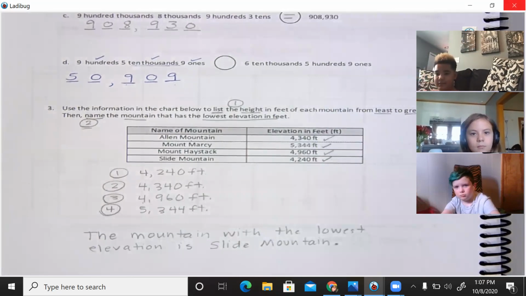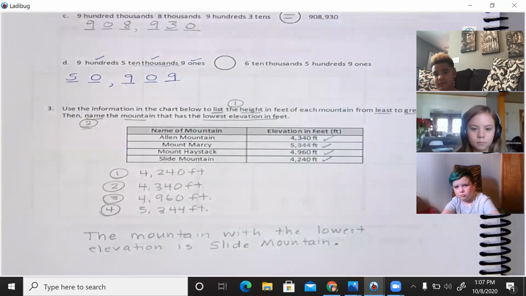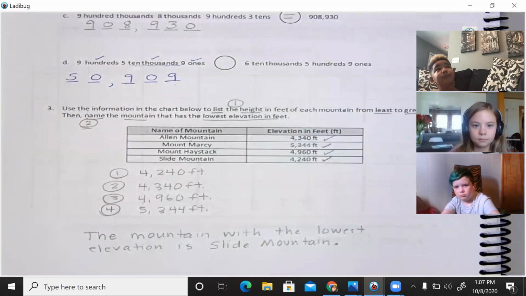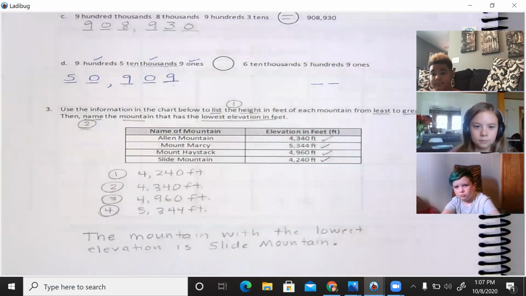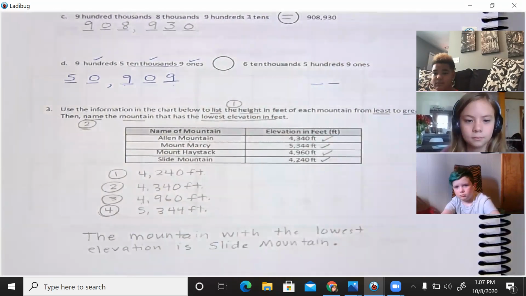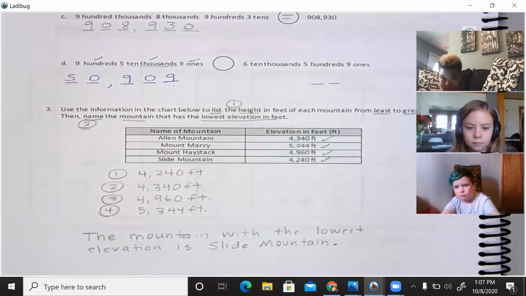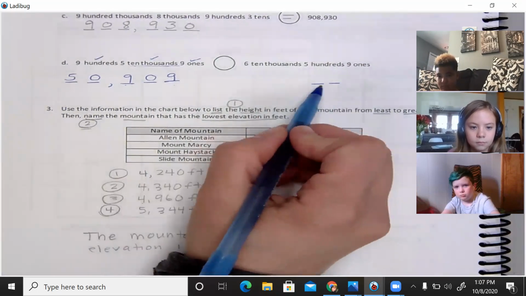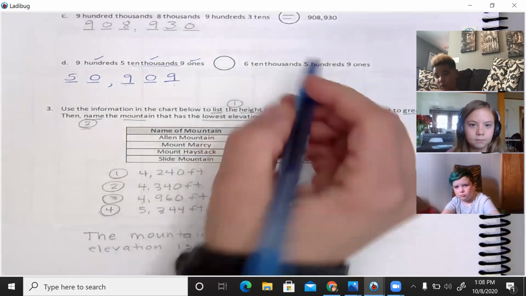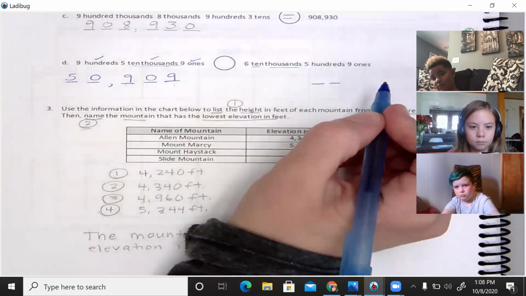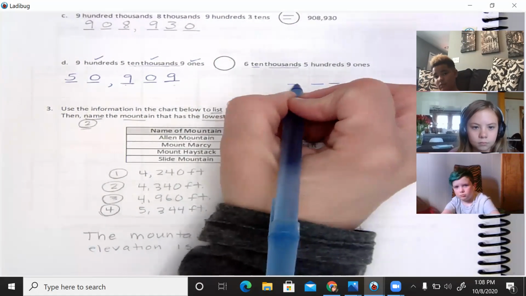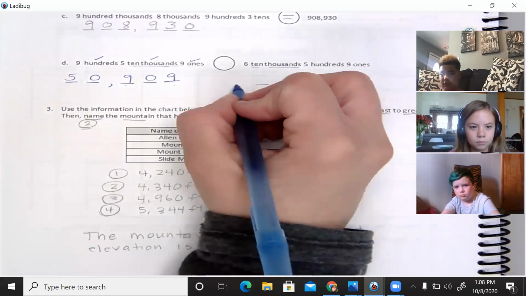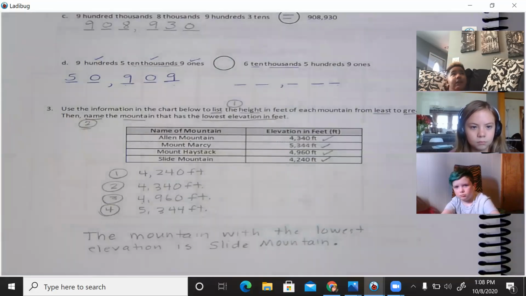How many places do you have in 10,000? 2. So if I put 2 here, does that give me enough places for 10,000? Now this gives me ones and tens. I have to go the whole way up to 10,000. So I have ones, tens, hundreds, thousands, 10,000s. So I actually need 5 spots.